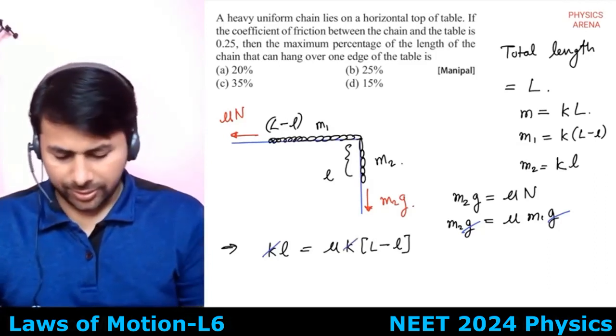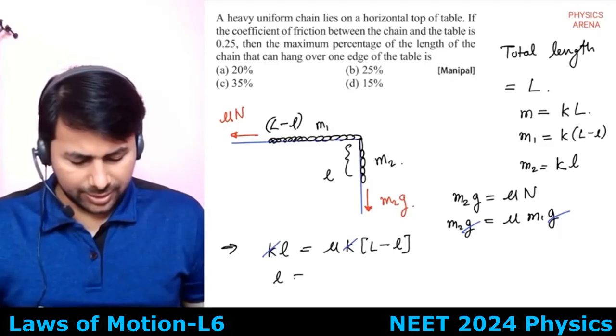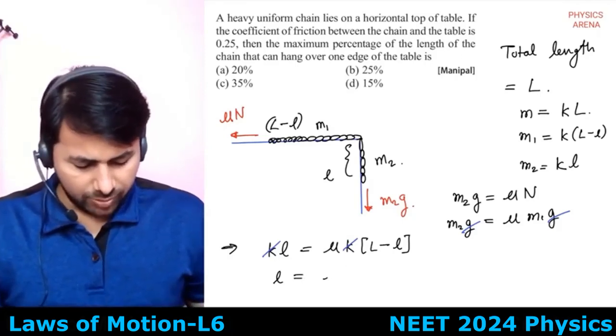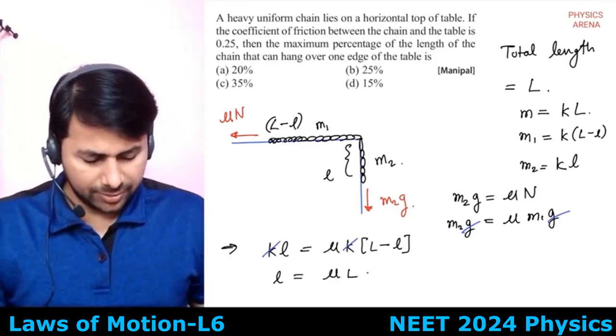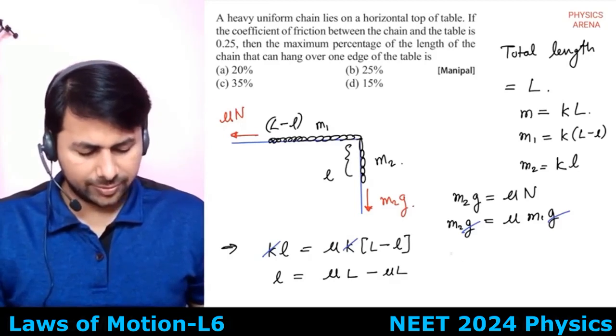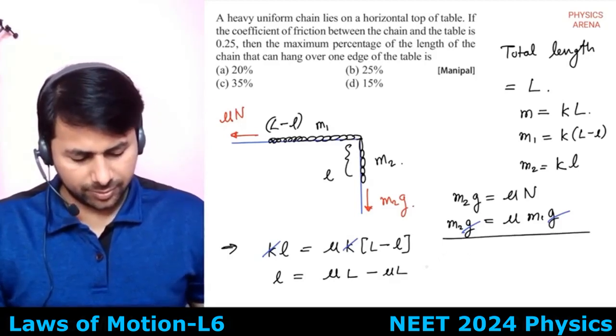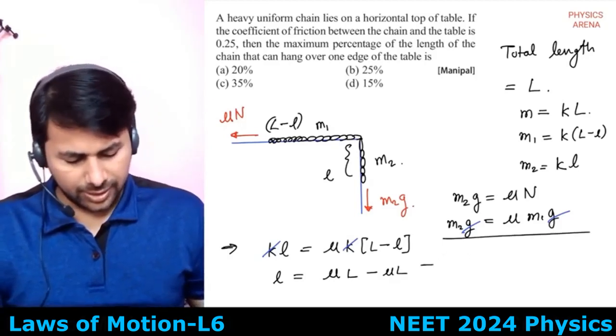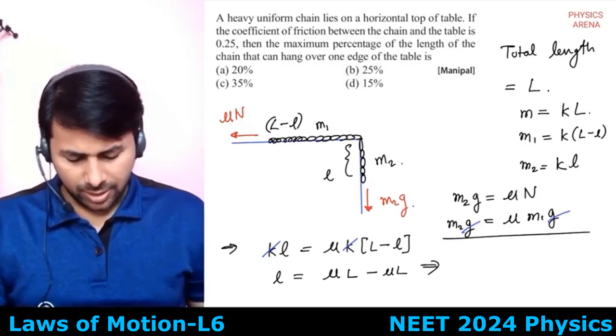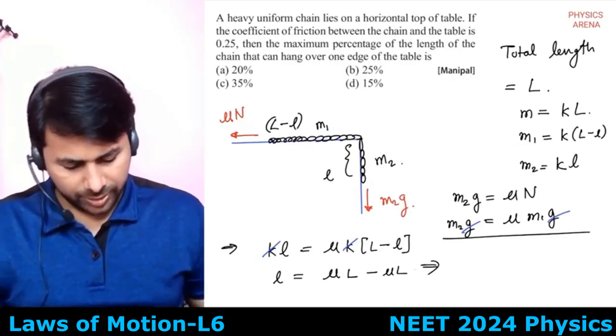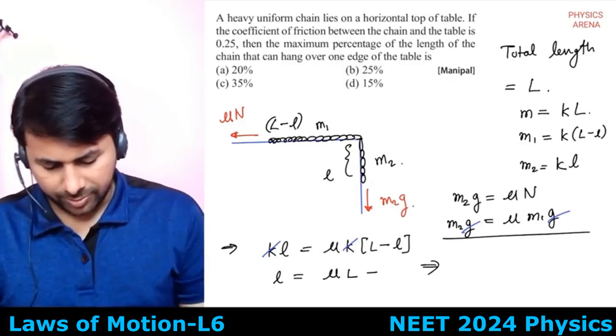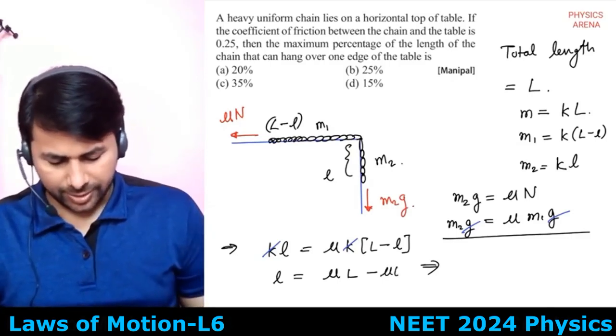Then you have small l equal to mu times capital L minus mu times small l.